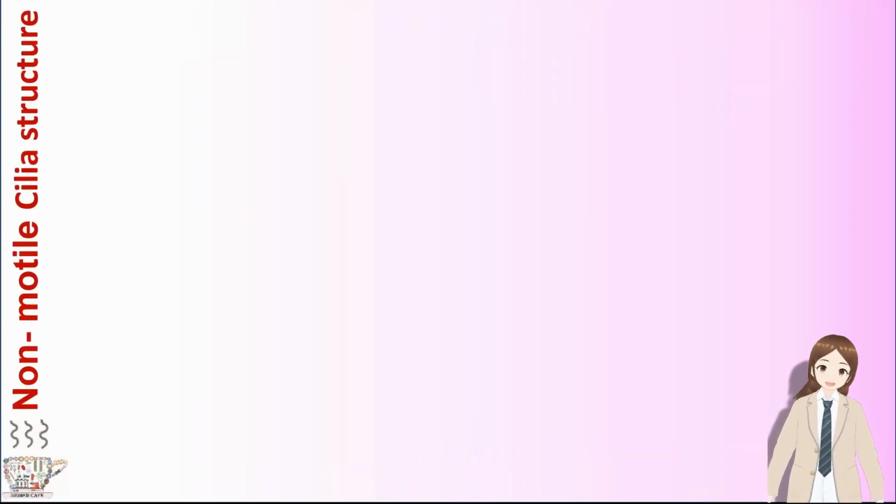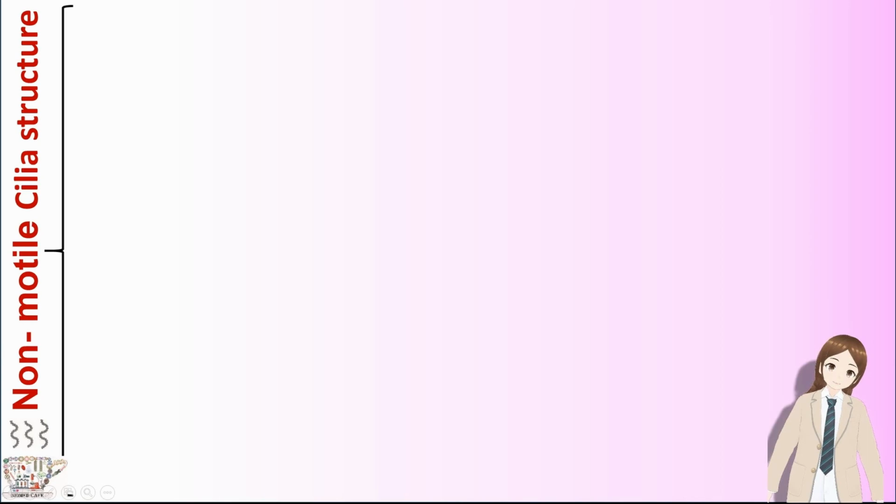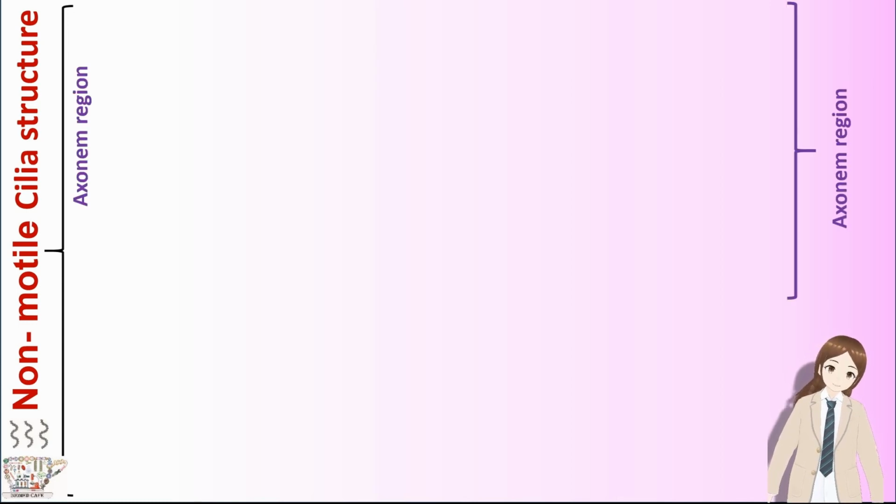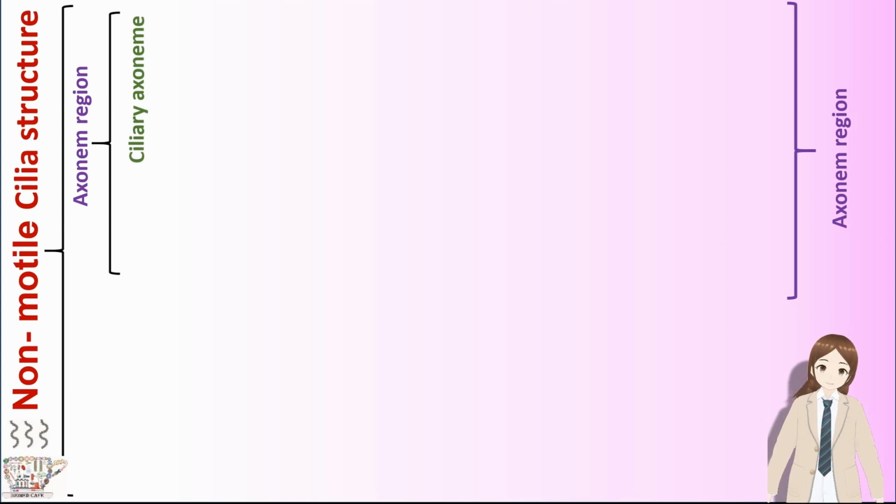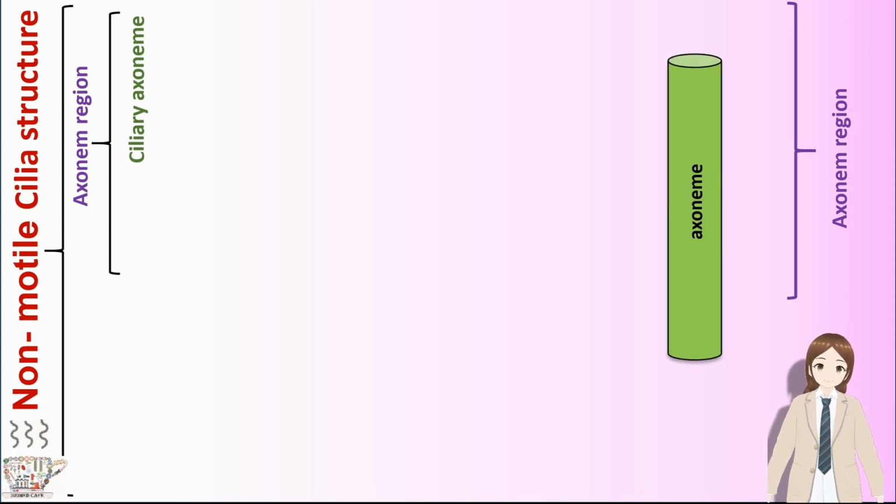Non-motile cilia structure. Non-motile cilia have 4 parts in their structure. First part is axonemal region. Axonemal region has 3 parts. The first part is ciliary axoneme.